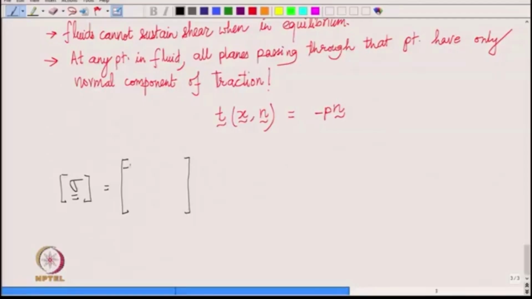So, this is minus P 0 0. On the E2 plane it is 0 minus P 0. On the E3 plane it is 0 0 minus P, which is minus P times the identity matrix, right, identity matrix.